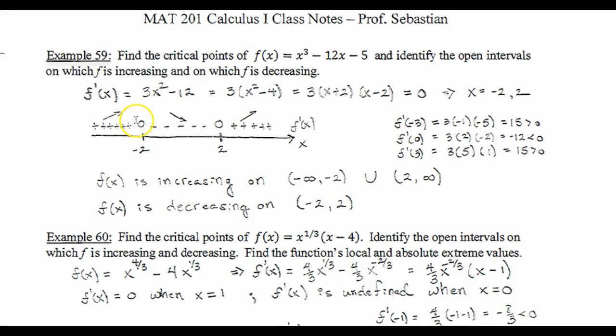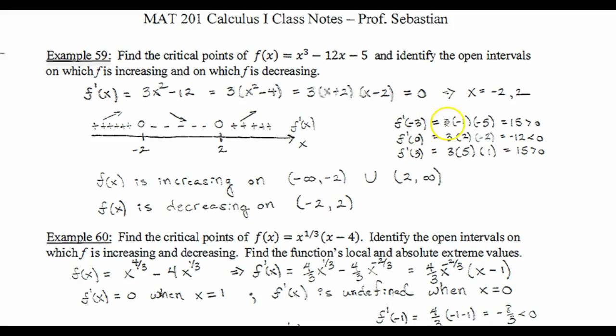Now to either side of the critical points, I need to check what's going on with the derivative. The derivative will only stay the same sign, so I only have to check one value. I'm going to check x equals minus 3 to the left of minus 2, then x equals 0 between minus 2 and 2, and then x equals 3. I've chosen values of x which, when plugged into the derivative, are easy to figure out.